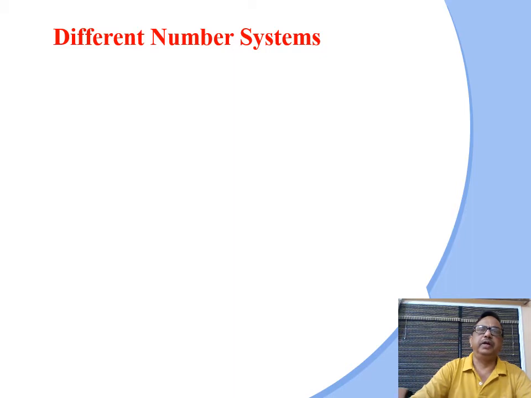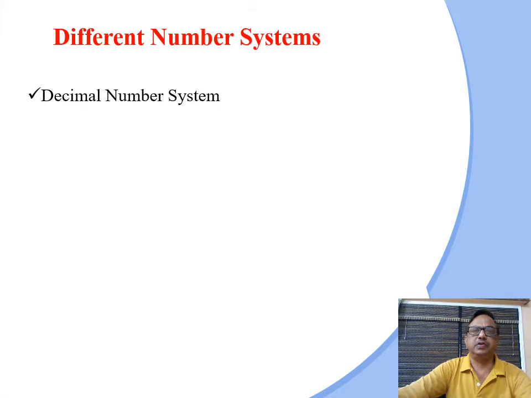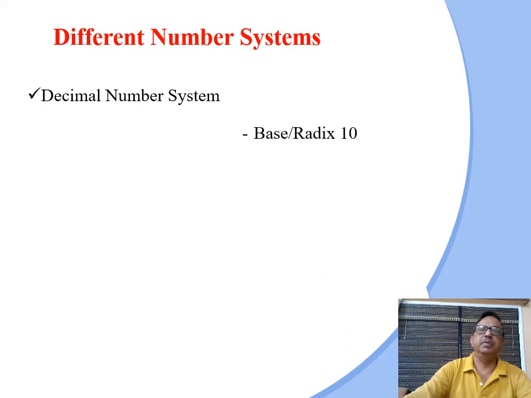Now, the different number systems have different base or radix. First, we talk about the decimal number system. In decimal number system, base or radix is 10 because decimal number system has 10 distinct symbols. We will discuss about them in further slides.